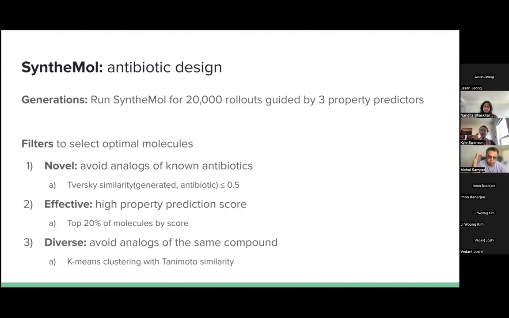So it gave us 50 clusters of molecules. And within each cluster, we simply selected the highest scoring molecule from that cluster. So it should be 50 novel molecules that are all diverse and should all be ideally effective against the bacteria. And so we did this for each of those 3 property predictors. So for each one, we got 50 molecules, so it's 150 molecules in total.